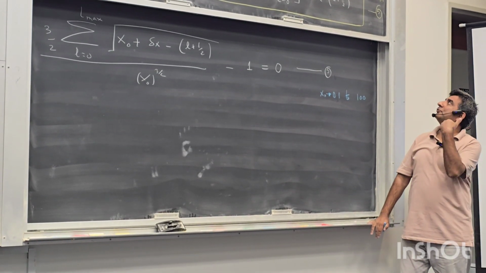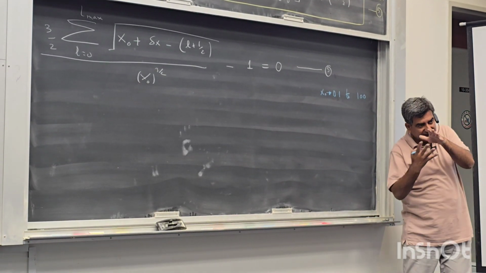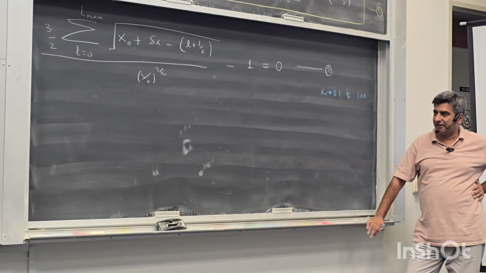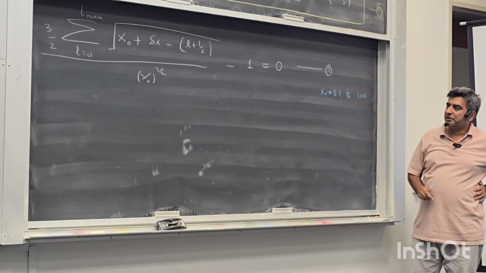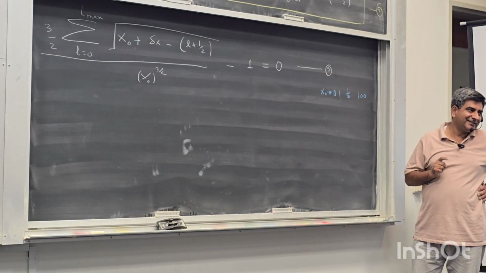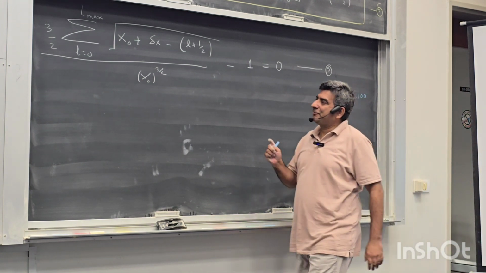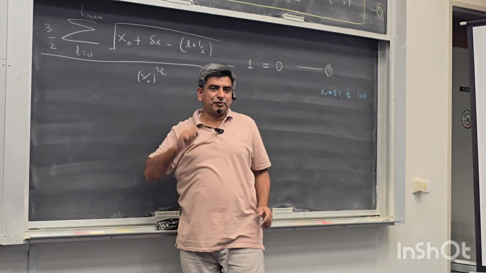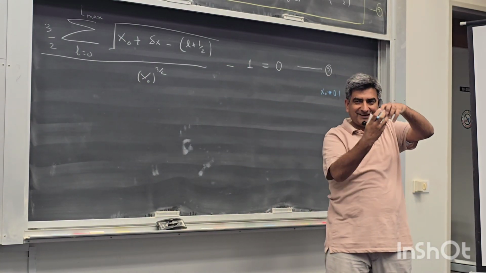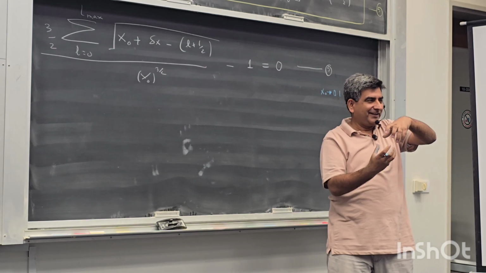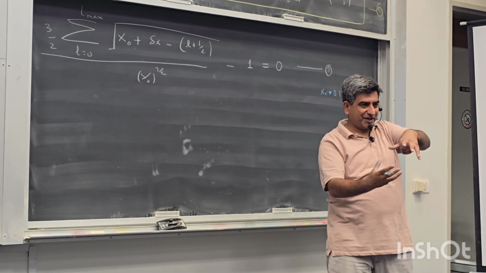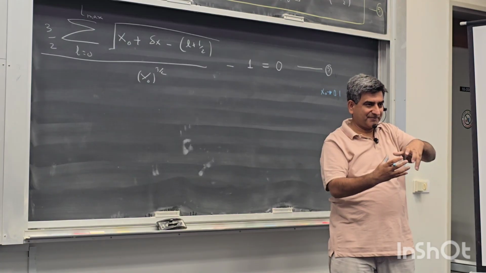If x naught goes high, it means the field is getting smaller. Small values of x naught correspond to larger fields. So for each x naught, I want to find out delta x. But I also need to find out what L max is going to be, because the number of Landau tubes is L max. If I have a different amount of magnetic field, the number of tubes is going to change. So the L max changes.